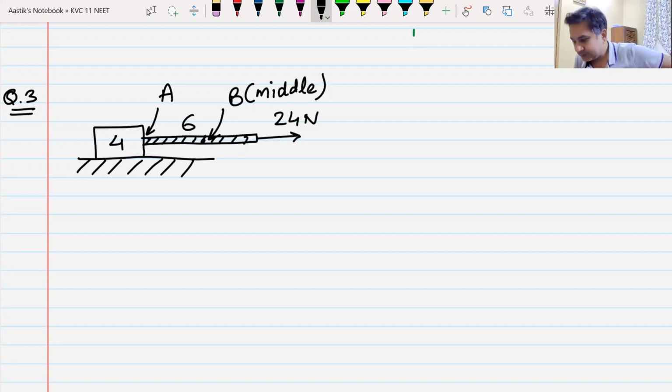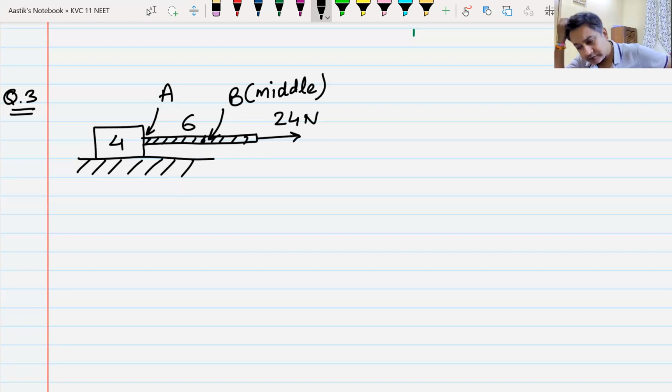You are going correctly. What is the tension at the middle point?